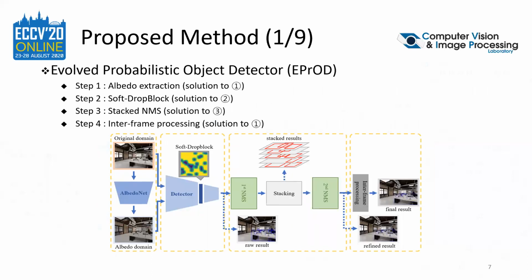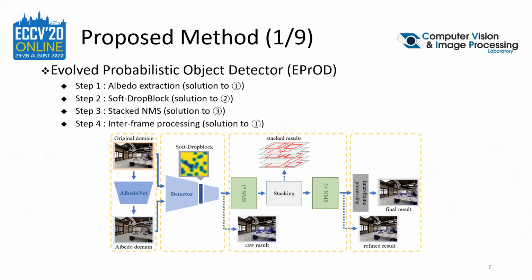So we proposed evolved PrOD, which we call EPrOD, to solve the aforementioned problems. EPrOD consists of 4 fundamental techniques. Step 1 uses AlbedoNet to use albedo images together with original images, and lets EPrOD perform multi-domain detection. In step 2, diverse samples are obtained by effectively removing the information of the feature map through soft-DropBlock.